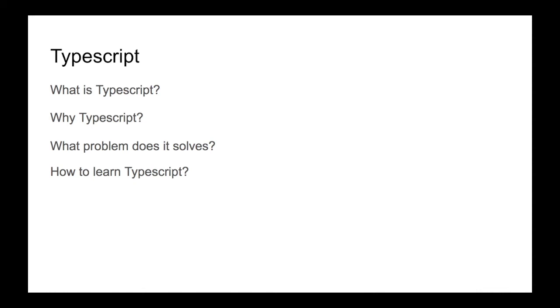So if I talk about this feature of TypeScript, then it solves the problem of runtime errors. What happens in JavaScript is that we coders, and every person who writes code in JavaScript or in general, are humans. We have a tendency of making mistakes.